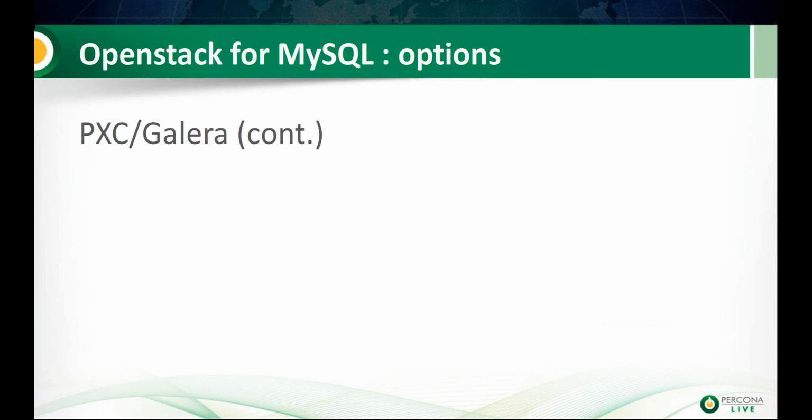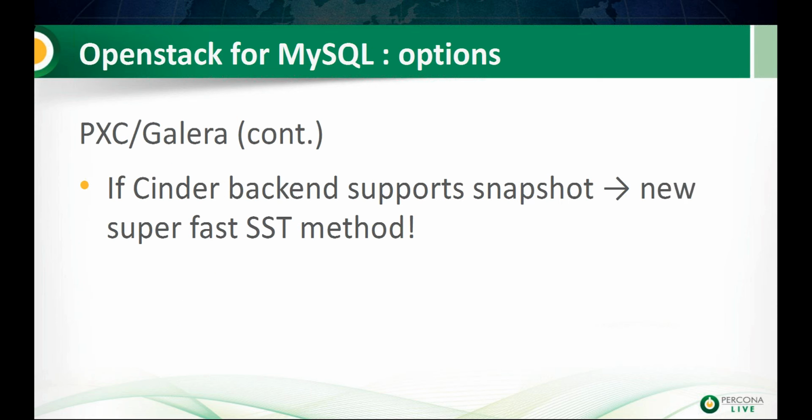On Galera, there's one good thing that OpenStack allows. If the Cinder backend supports snapshots, I have in mind here Ceph. I played with Ceph and found it really cool. So we could do, and it's an idea that is finding some love inside Percona right now, you could define an SST script.